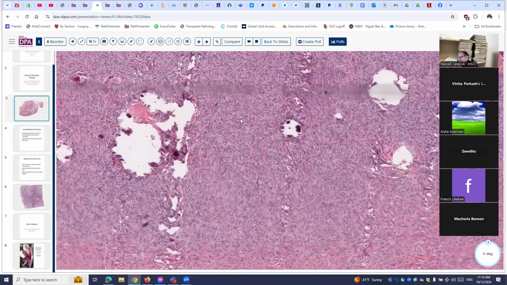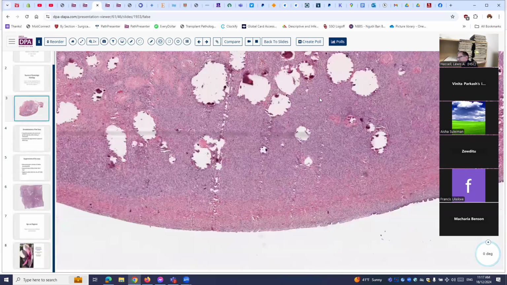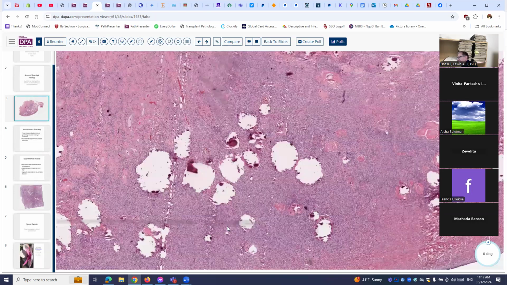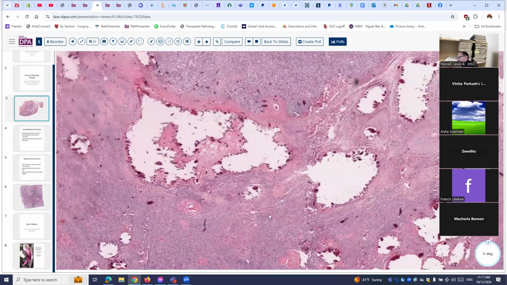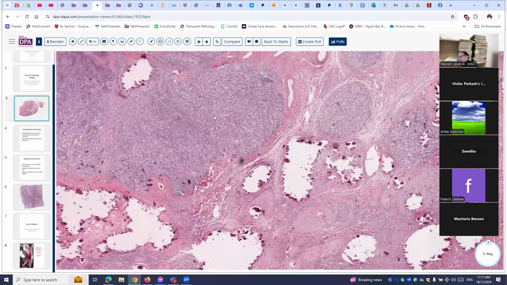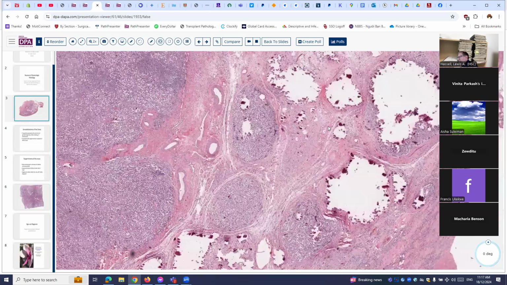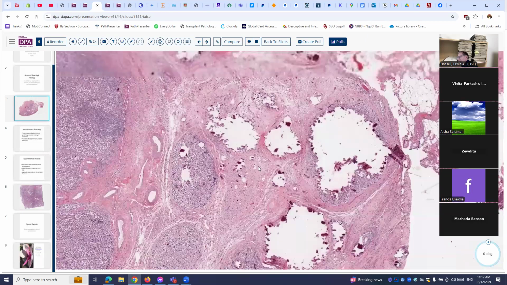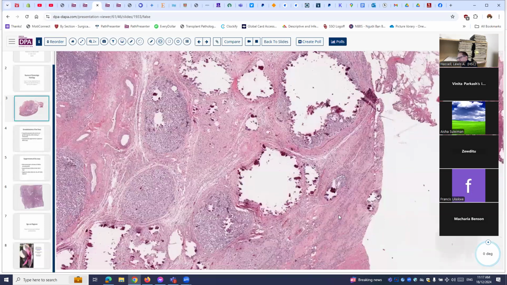So I think this is a patient who has a sex cord tumor with annular tubules and then an accompanying dysgerminoma, as you've described. But I'm having trouble finding the sex cord annular tubular component here because we've got so much of this calcification.